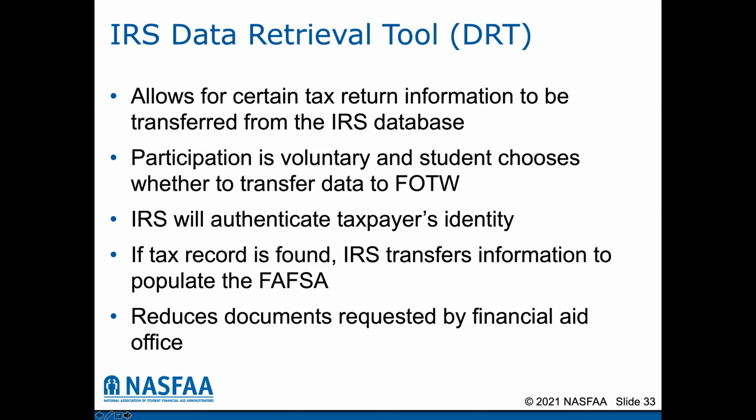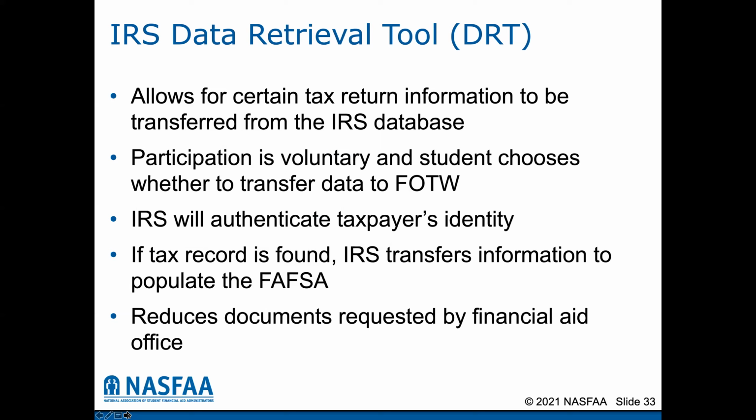The IRS will authenticate the taxpayer's identity. If the tax record is found, the IRS transfers information to populate the FAFSA questions that it is asking, so you don't have to go back and answer those. You'll notice in the application, it'll say transferred from the IRS. This can reduce documents requested by financial aid offices for the procedure called verification.